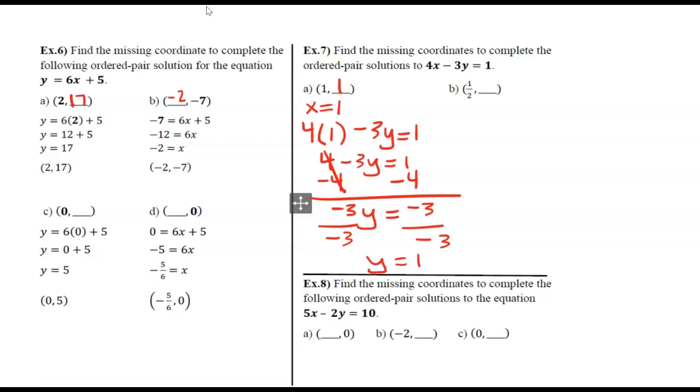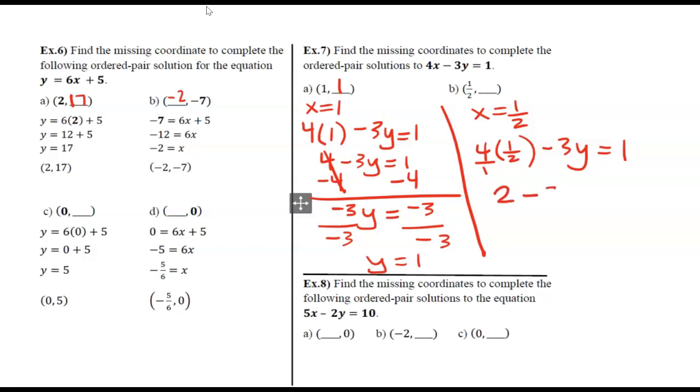Okay, let's do the same thing on the second one. So we have this time x equals 1/2, and we want to solve for y at that x value. So we have 4 times 1/2 minus 3y equals 1. So 4 times 1/2, we can cross cancel. 4 and 2 cancel, leaving me with just 2 minus 3y equals 1.